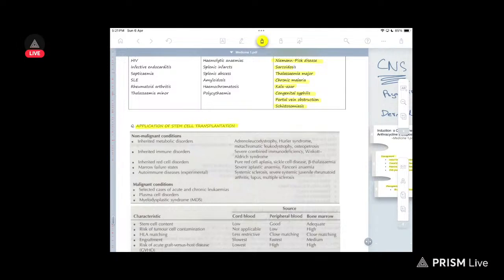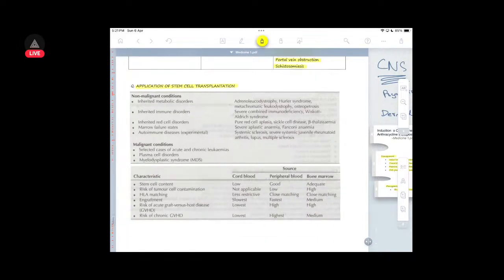Application of stem cell transplantation you can have for malignant and non-malignant conditions.